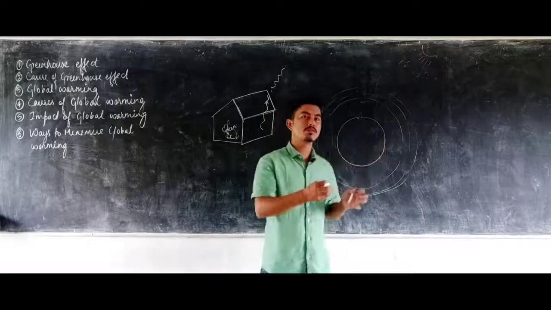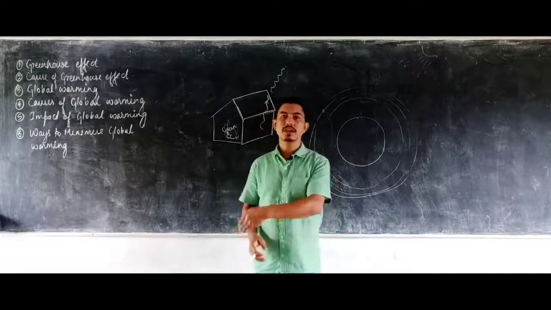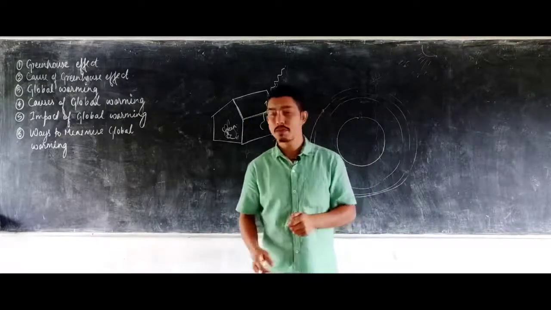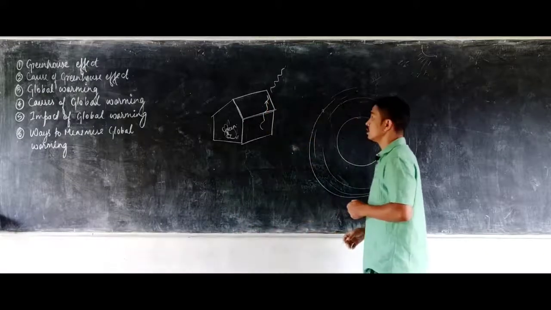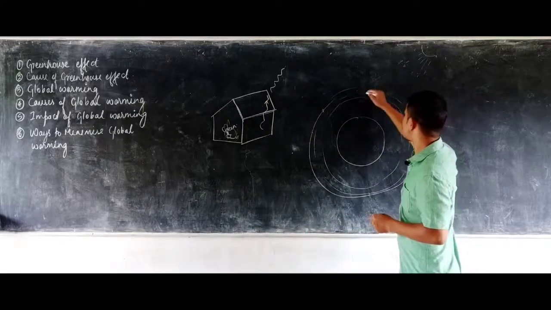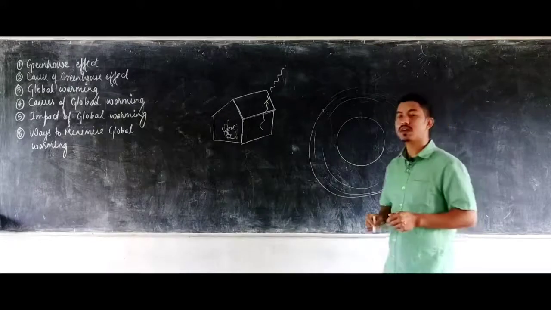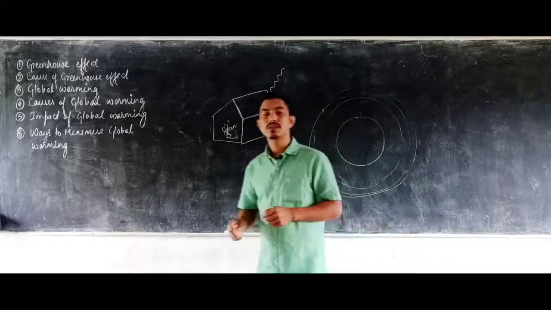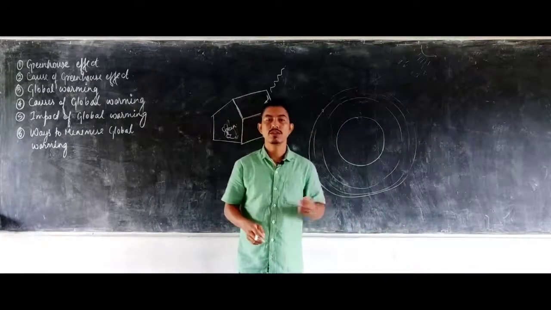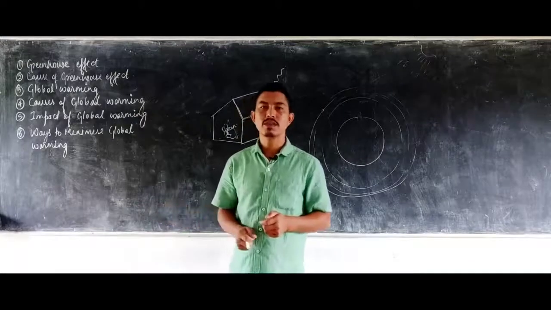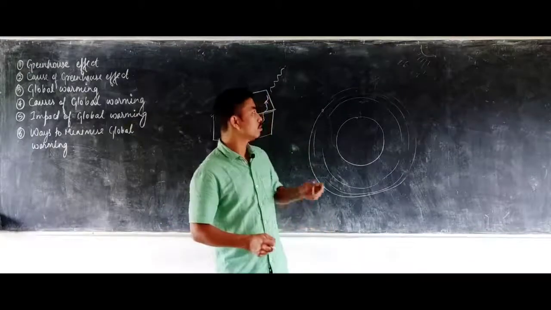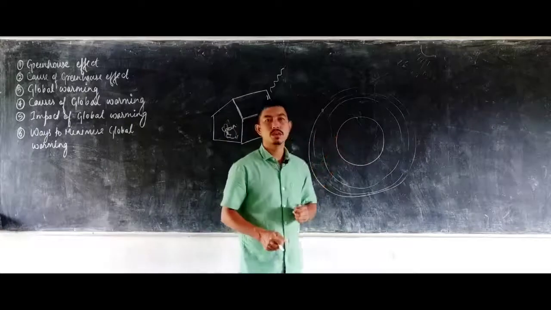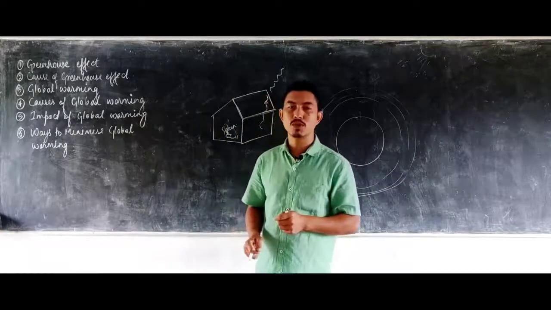All of them travel from the sun through space and enter the earth's atmosphere. The atmosphere allows only certain radiations to enter, like a few infrareds and the visible light. The rest is absorbed by the ozone and the different layers of the atmosphere.